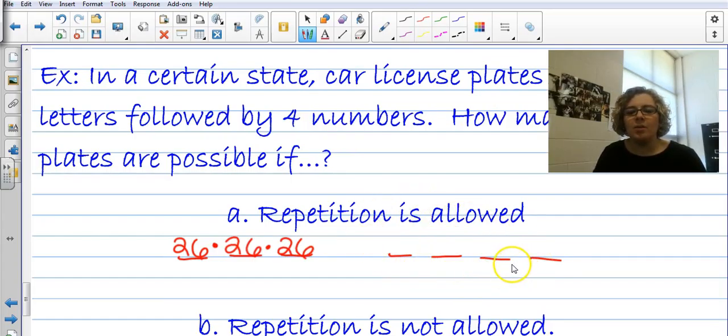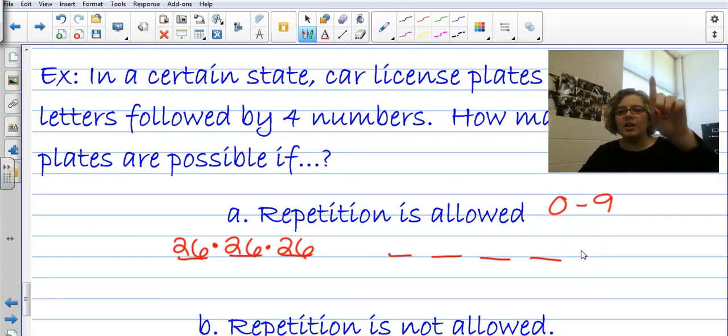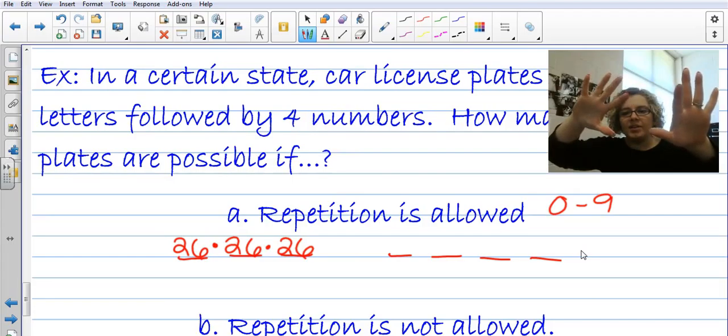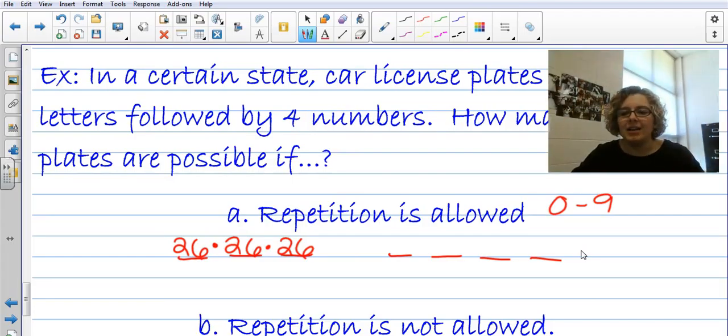Now we're on to the numbers. There are 4 numbers. You're choosing numbers between 0 and 9. If you were to count the numbers between 0 and 9, you got 0, 1, 2, 3, 4, 5, 6, 7, 8, 9. There's 10 numbers, so you have 10 numbers to choose from.